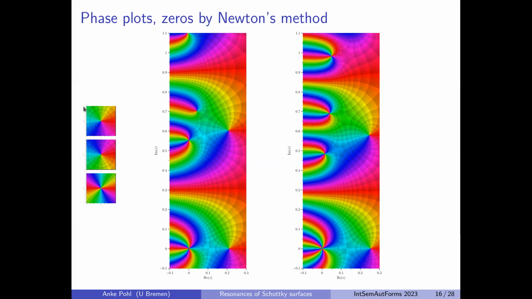In the tiny picture on the left-hand side, the top one, you see the map z goes to z, the identity, and z is presented by its argument, so it's r times e to the minus i phi, and we're drawing the phi in color. Red means phi is 0.